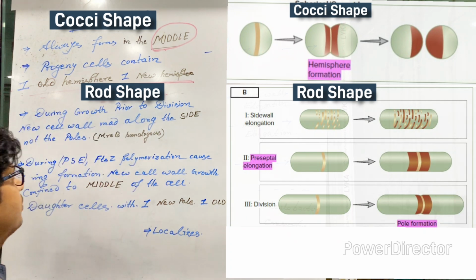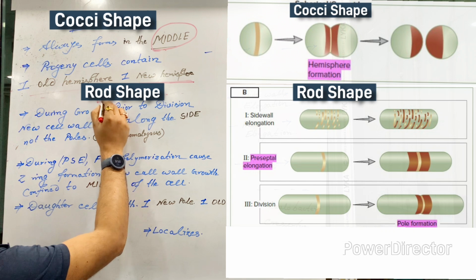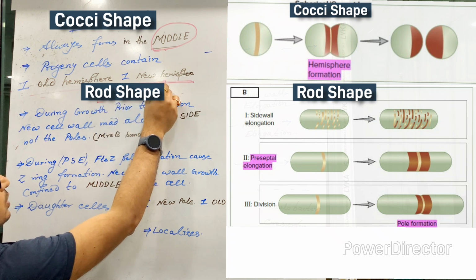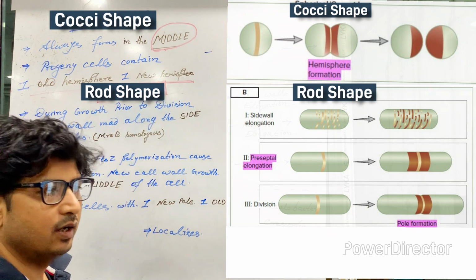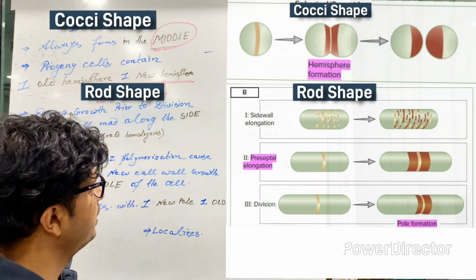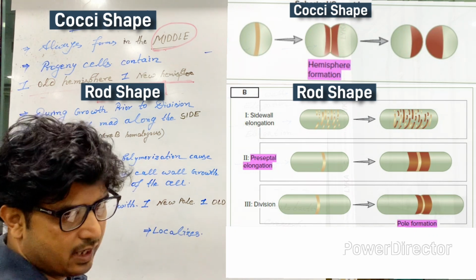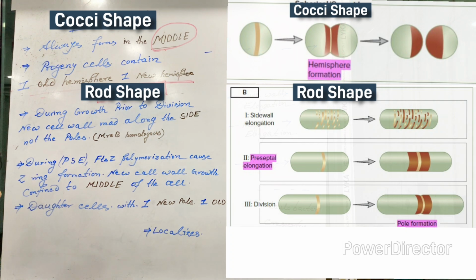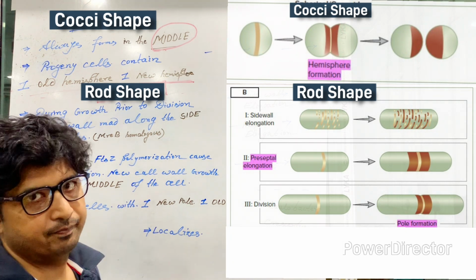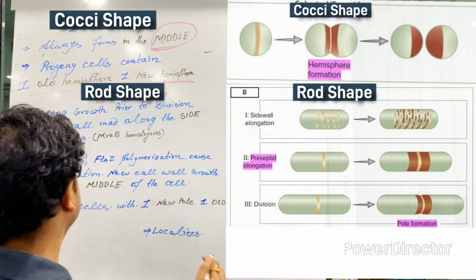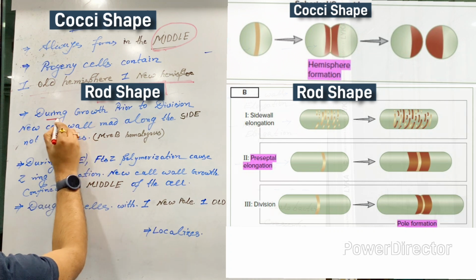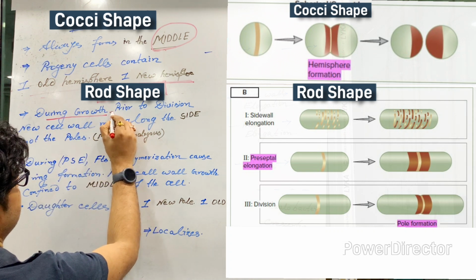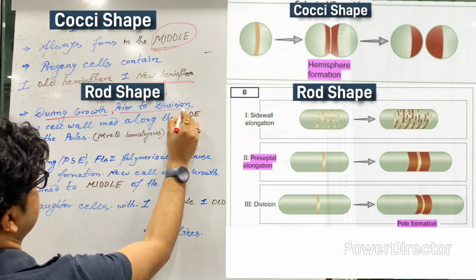Now coming to the rod shaped bacteria. Why is it always rod shape during division or formation of daughter cells? So here you can see three stages actually, three steps. First there will be sidewall elongation before the division. So remember this, during growth, prior to division.